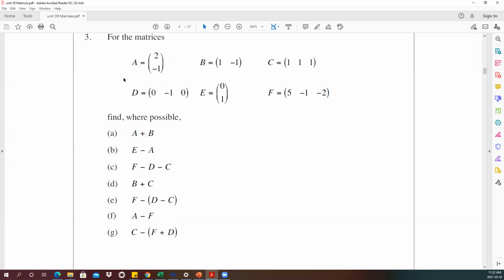So let's see if we can find something, say A plus B. All right, so watch here. This has 2 rows, 1 column. This has 1 row, 2 columns. Straight off, you can't add that. You can't do anything with that. And then you go through, E is what? E is 0, 0, 1. This is 2 rows, 1 column. A is 2 rows, 1 column. Excellent. We can actually work this out.